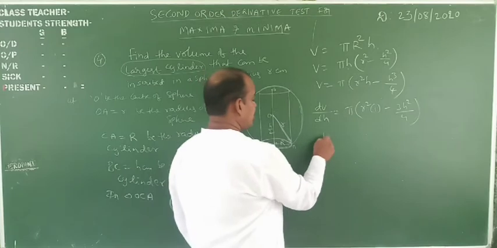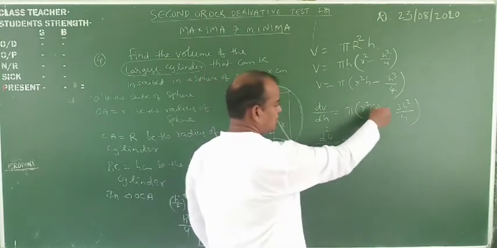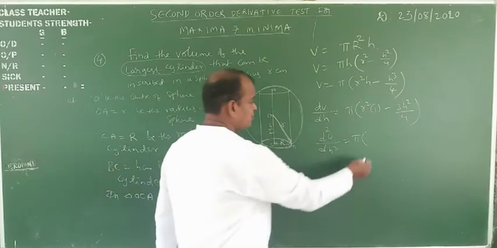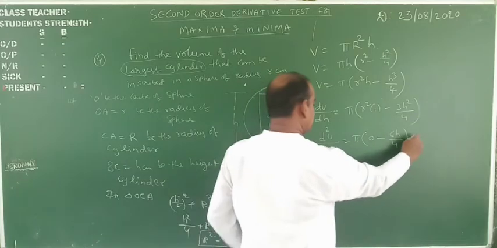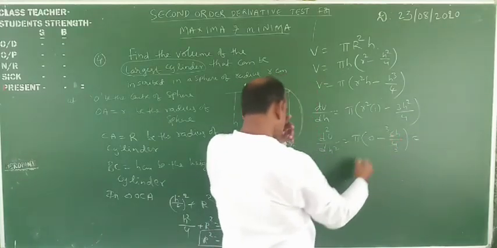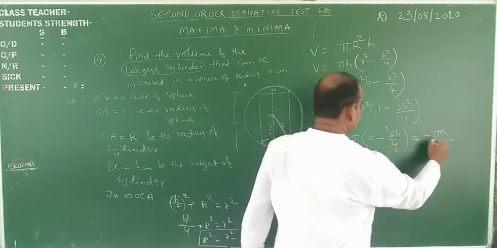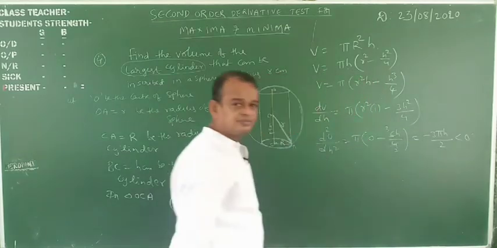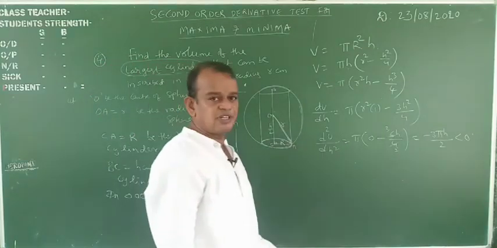Now again differentiating, d²V/dh² equals pi into (R is constant, so 0, minus 6h/4), that is minus 3 pi h by 2. Clearly less than 0, negative. Second order derivative negative means maximum. Volume is maximum, 100%.